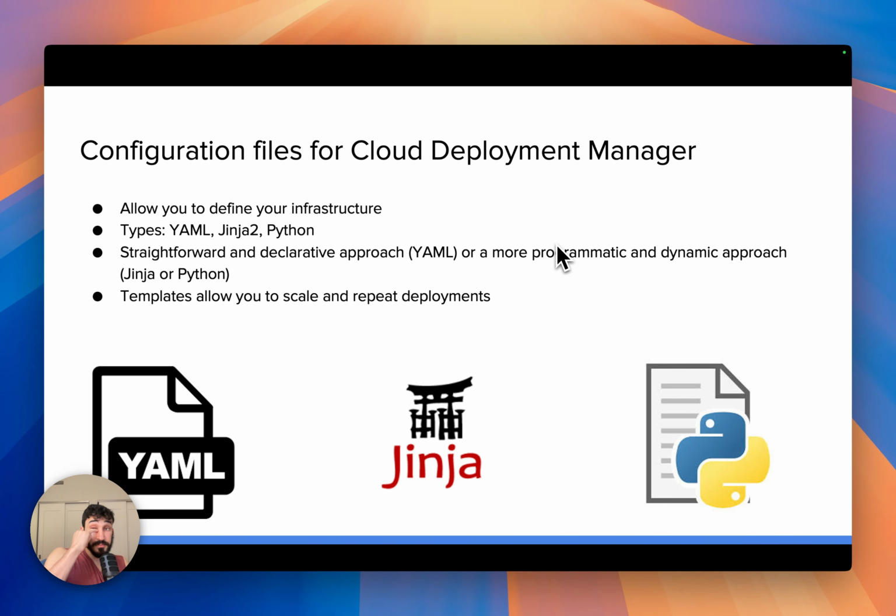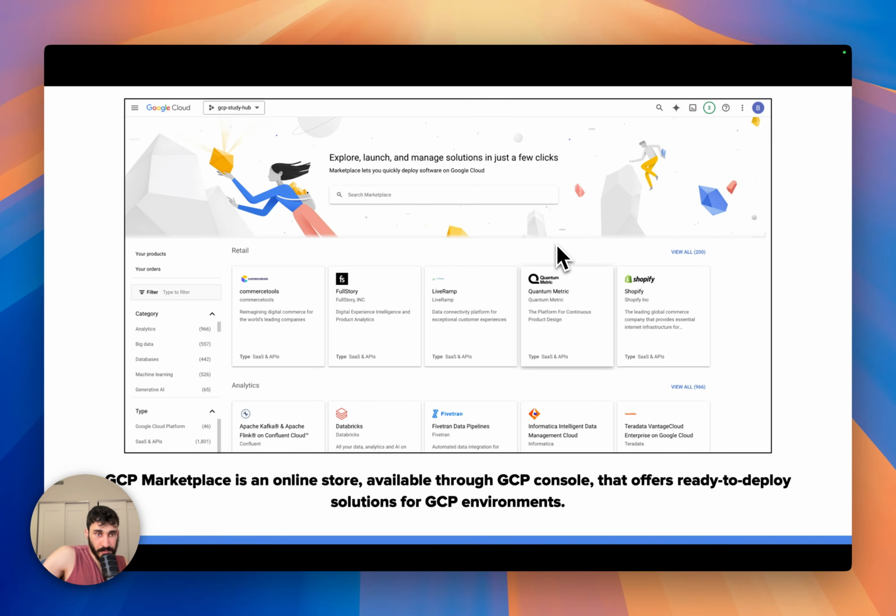So you can imagine wanting to replicate your environment configuration in a GCP project in another project. Well, you could create a configuration file to do that, for example. So Cloud Deployment Manager is the managed infrastructure as code service on GCP.